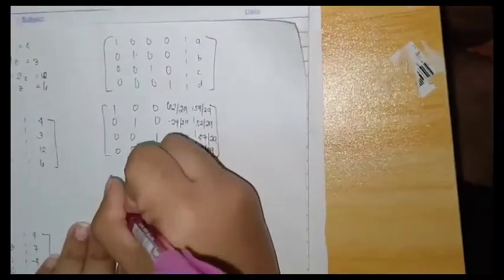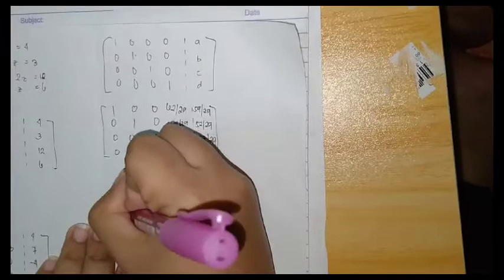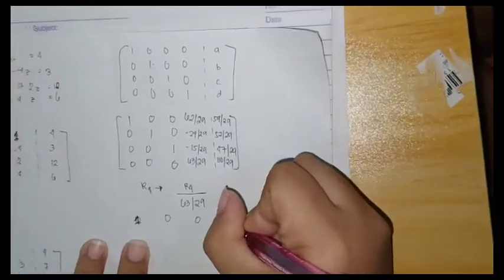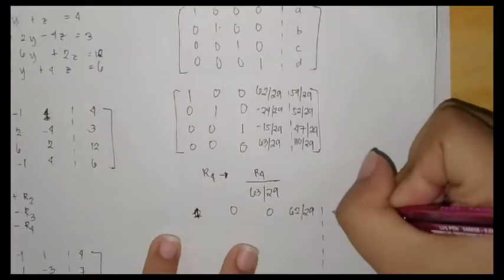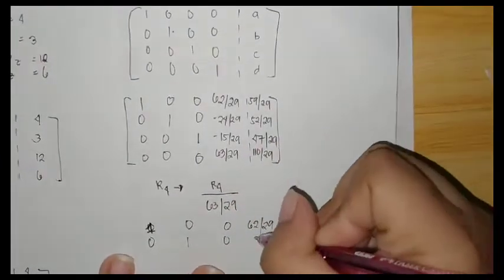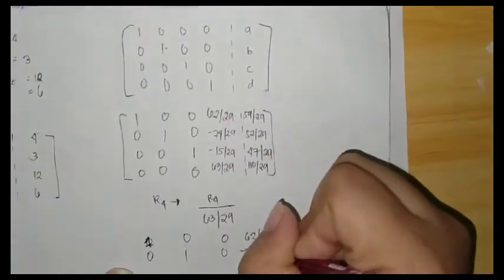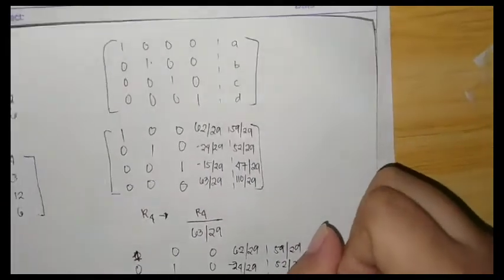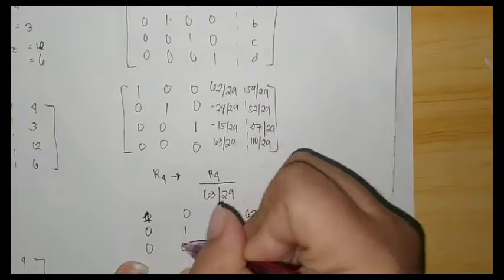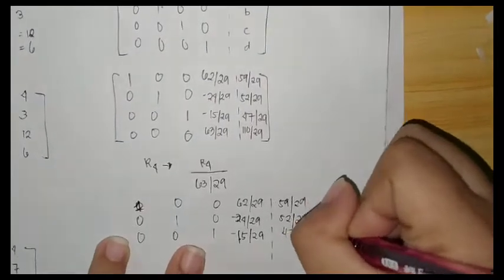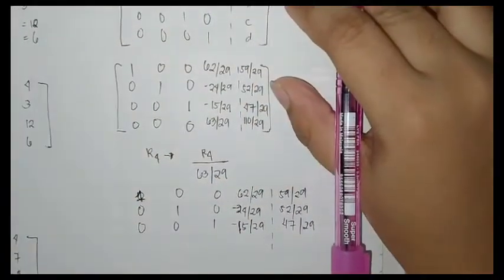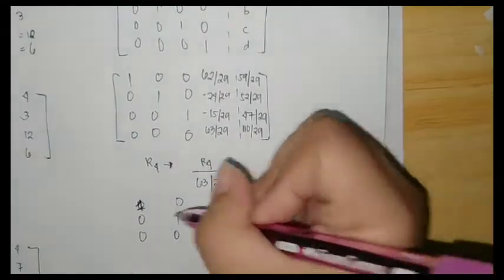So 1, 0, 0, 62/29, and then 59/29, 0, 1, 0, negative 24/29, 52/29, 0, 0, 1, negative 15/29, and 47/29.